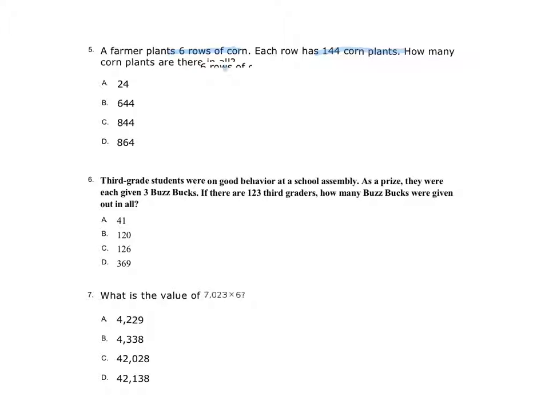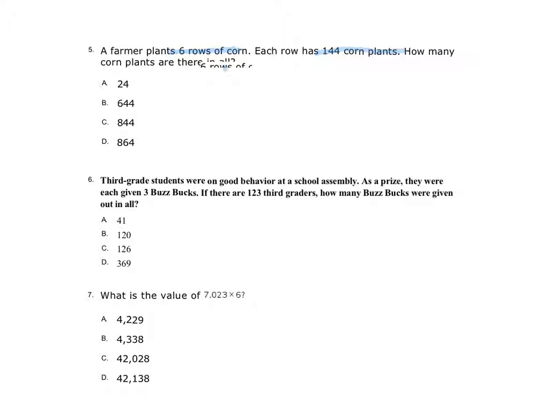How many corn plants are there in all? Anyway, each row has 144 corn plants, so what you're going to do is multiply 144 times 6.